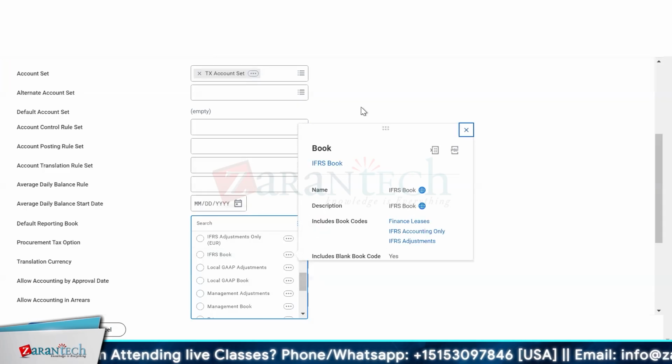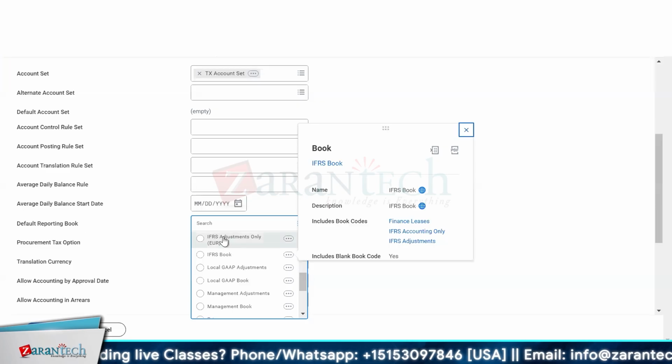First, the accounting standard is linked with this book. If I want separate books for cash basis standards or accrual basis standards, then I can maintain two different books. We will have a discussion on this point in a separate session. We will discuss this one as well.